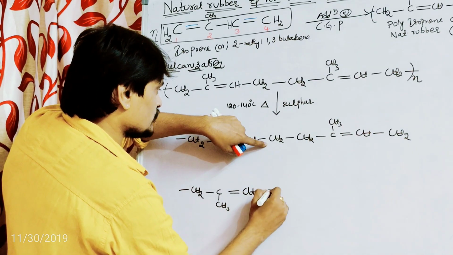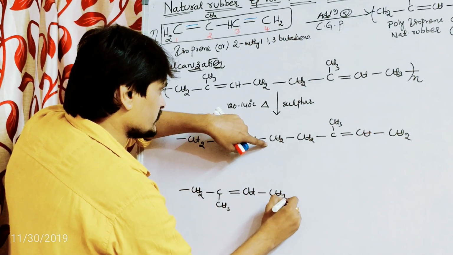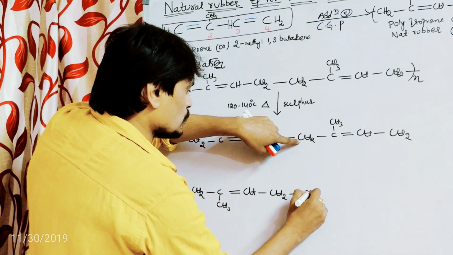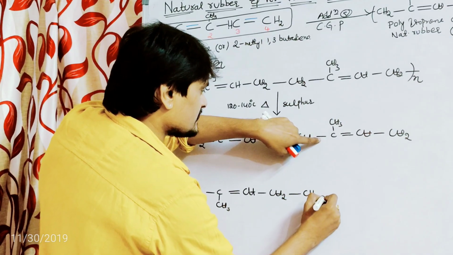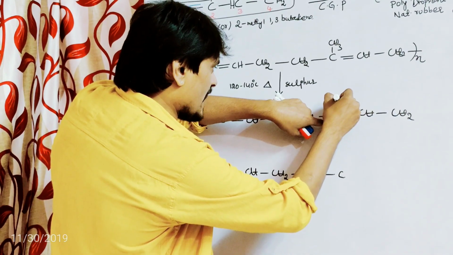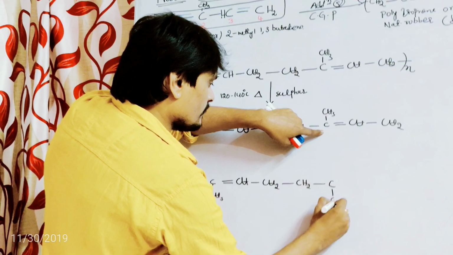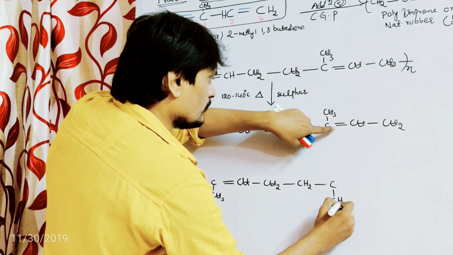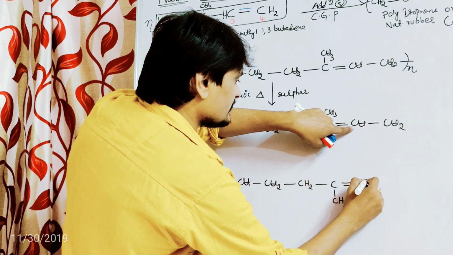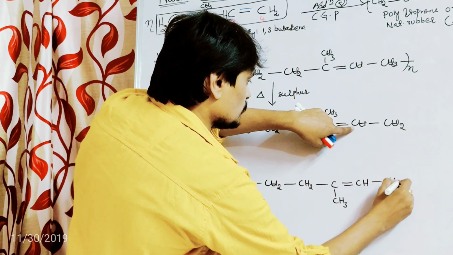Next, CH2, no change, students, no change. Don't panic by seeing the structure, it is very simple. CH2. Next, single bond, C. Now it is above, it will be below because it is a mirror image. Double bond, CH, CH2.